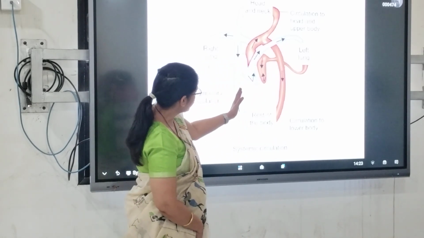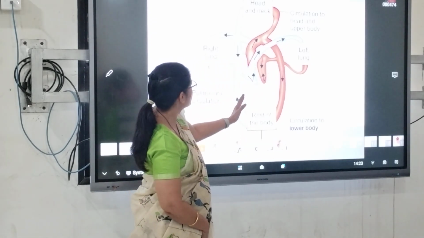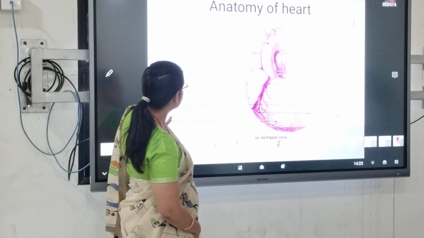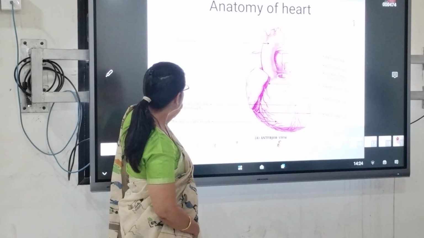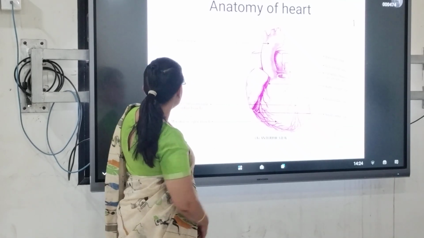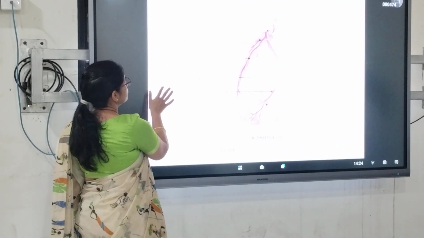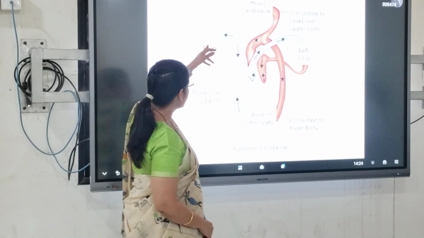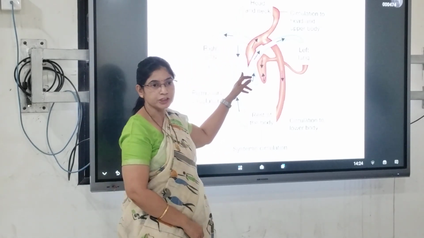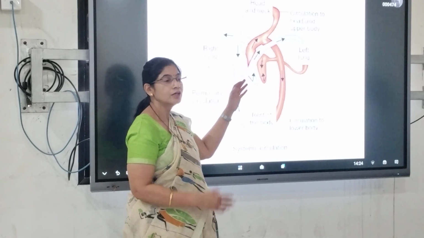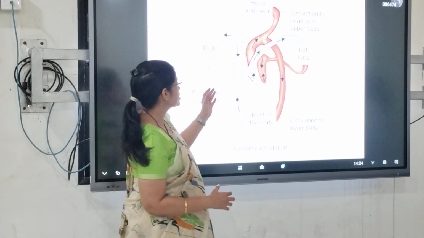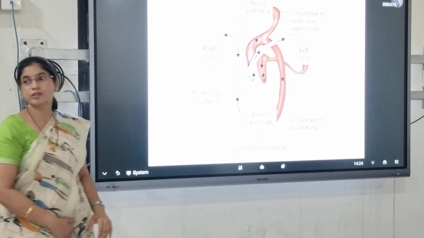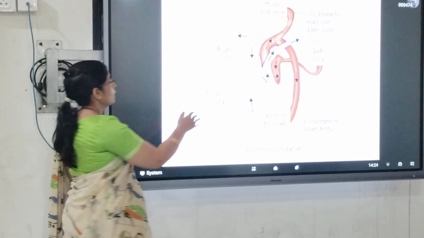From the right ventricle, blood moves into the right lung for the pulmonary circulation, and through the pulmonary veins the blood comes again into the left atrium. So, understood till now?